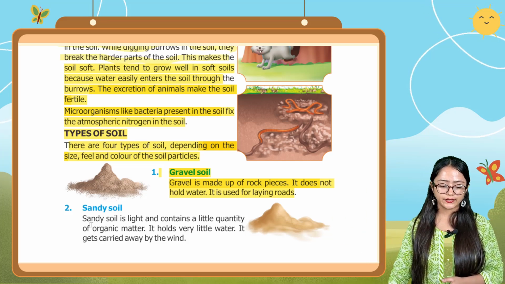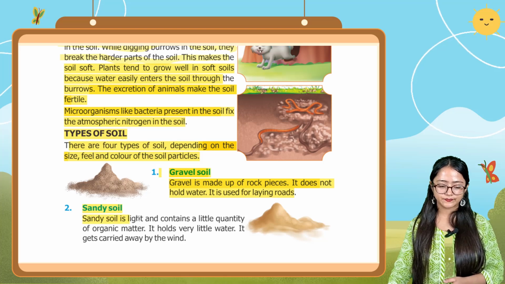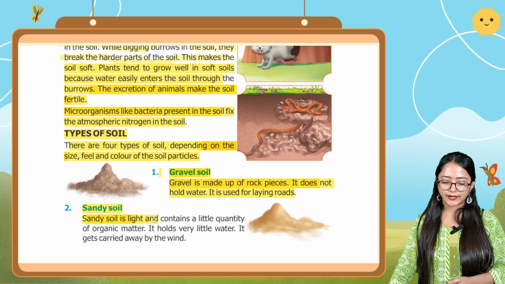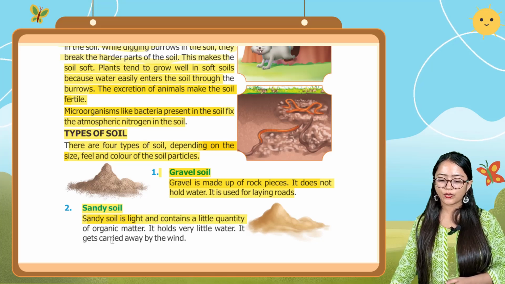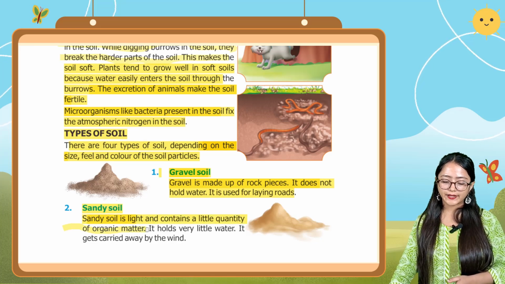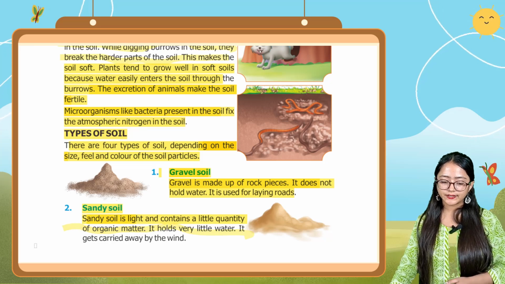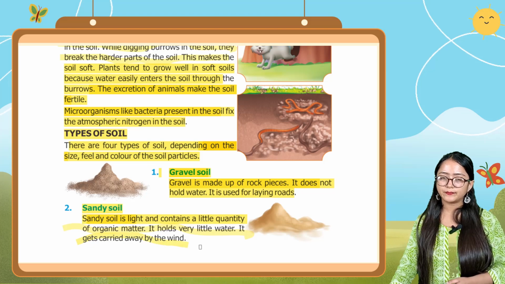Next soil is sandy soil, as you can see in this picture. Sandy soil is light and contains a little quantity of organic matter. It holds very little water. It gets carried away by the wind.